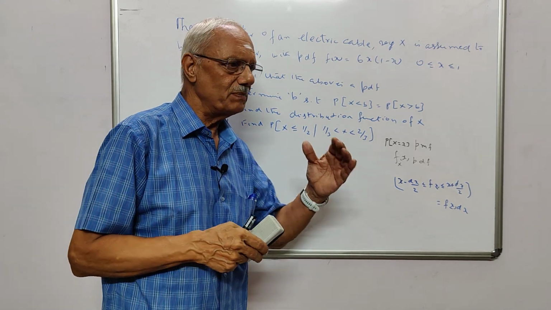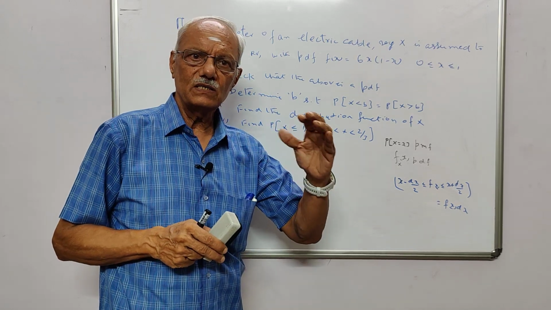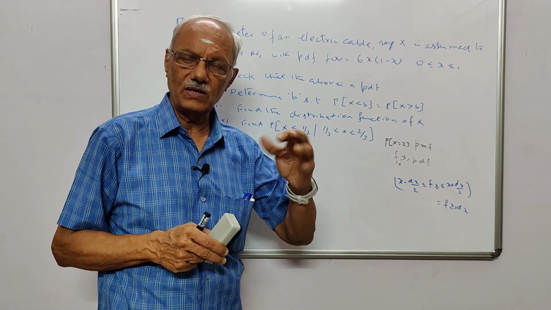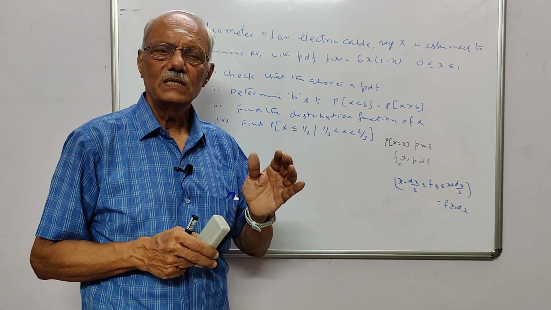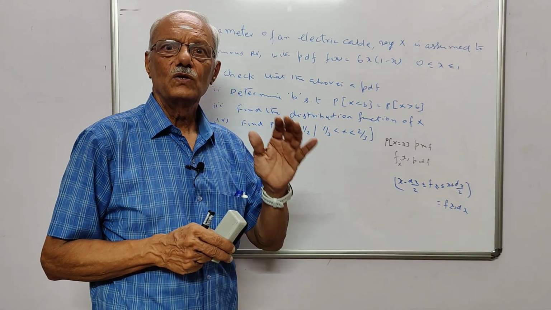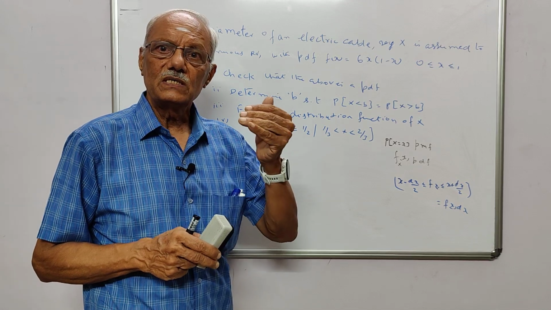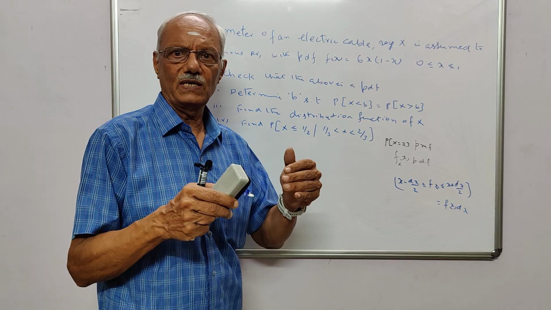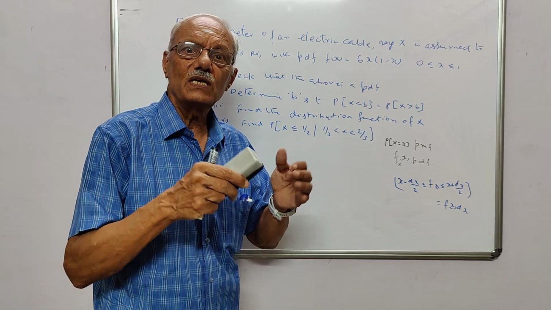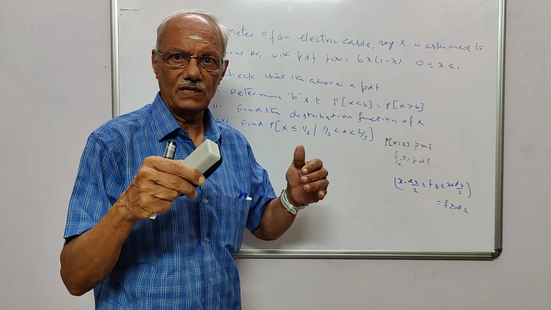So what does it mean? A continuous random variable is a function from the sample space to the set of all real numbers which are not finite, which runs over an interval. Can you understand?